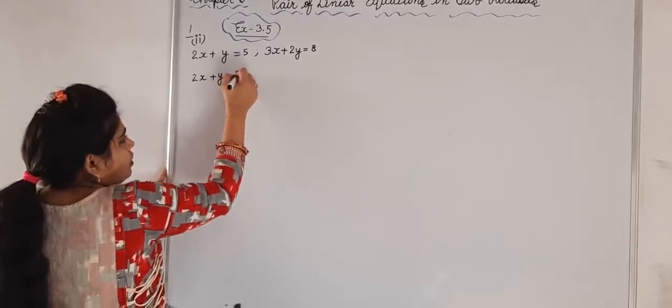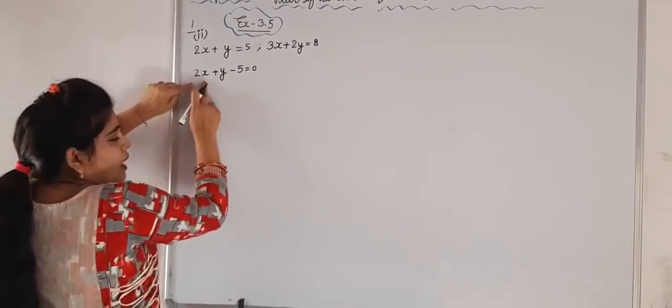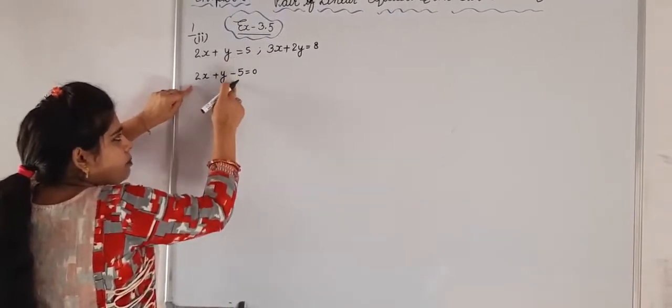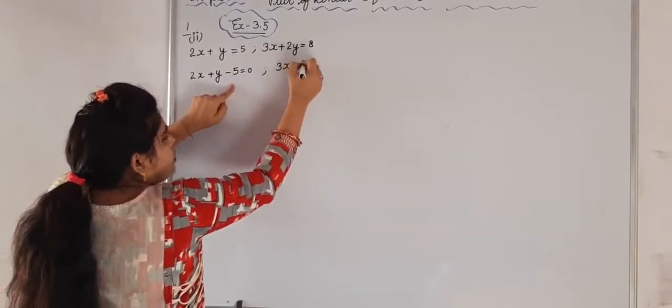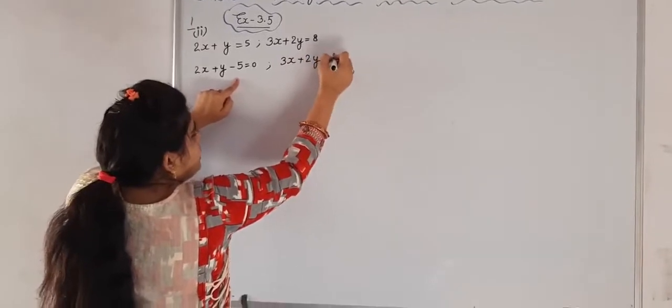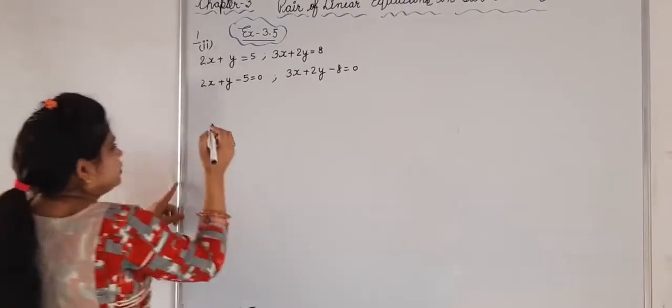So 2x plus y will become minus 5, 3x plus 2y minus 8 is equal to 0.